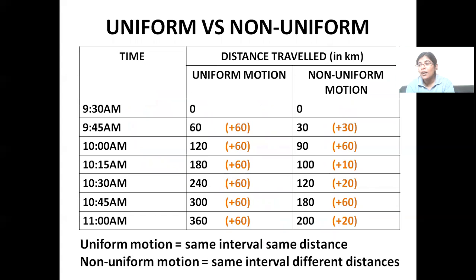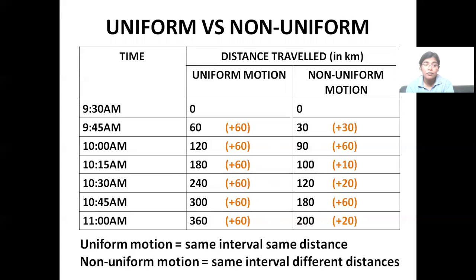Now, we've understood what is distance and displacement. Now imagine this. If I'm driving on a highway, an expressway maybe, I start from a position at 9:30 a.m. and I keep going. At 9:45 a.m. I have covered 60 kilometers. At 10 a.m. I have covered 120 kilometers.